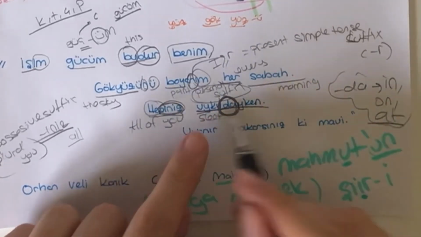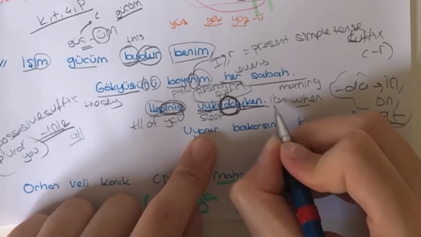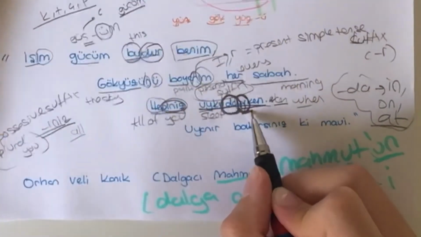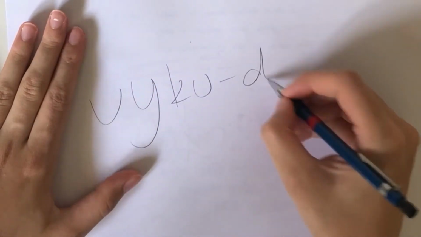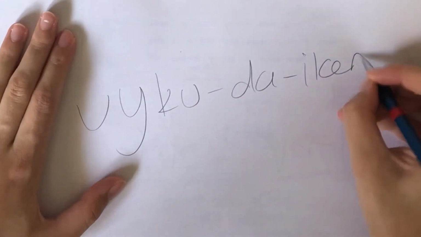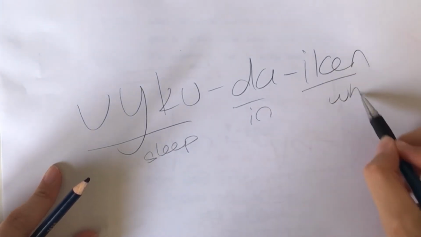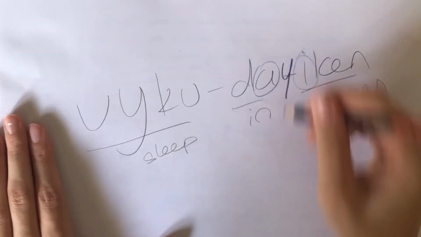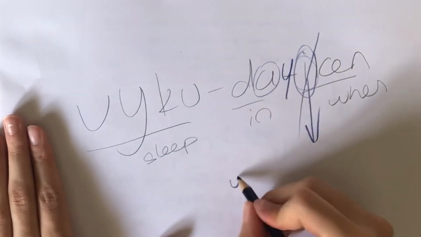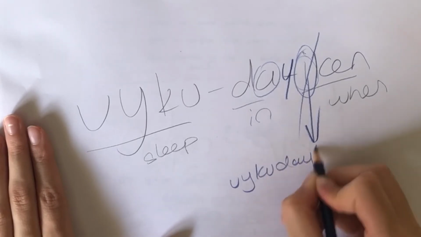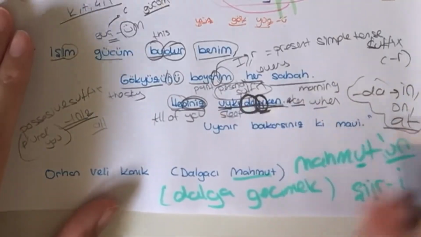Okay, so uykuda iken. Iken means when. Buffer letter in between. So here's what happens. Uykuda iken, sleep in when. There are two vowels, so I use y in between, and this e disappears. So it becomes uykudayken. When you all are asleep, hepiniz uykudayken.